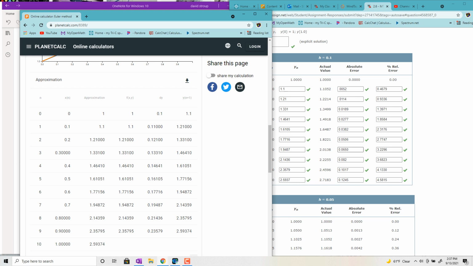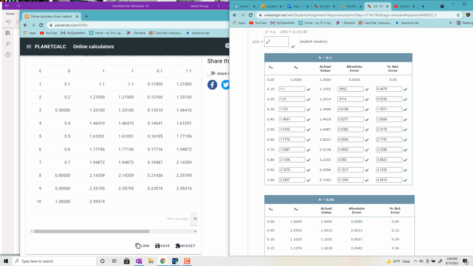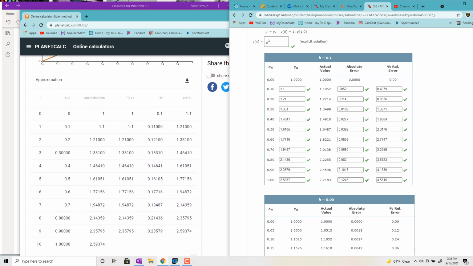It doesn't give you the absolute error or the percent relative error. You're going to have to chug that out by hand if you use this calculator. Anyways, you can see the answers right here all the way up to 2.5937. So this works pretty well. And then, like I said, you're going to have to get the absolute error and the percent relative error.